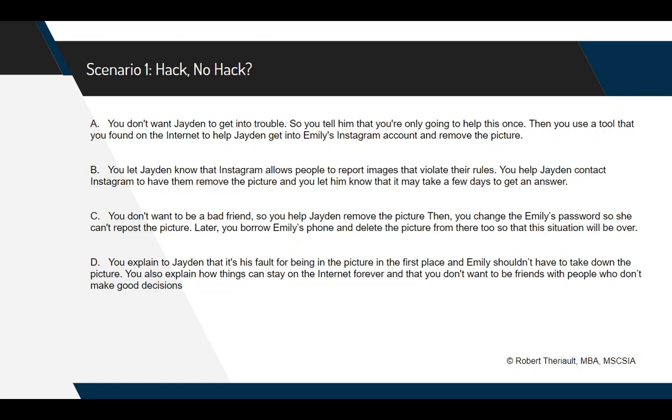D, later, you borrow a phone and delete the picture, and then it's all over. And then you explain to Jaden that it's his fault and to suck it up. So those are the 4 solutions to the scenario. And hopefully we can see the most ethical one is to report the image to Instagram and try to do the procedures and everything like that.